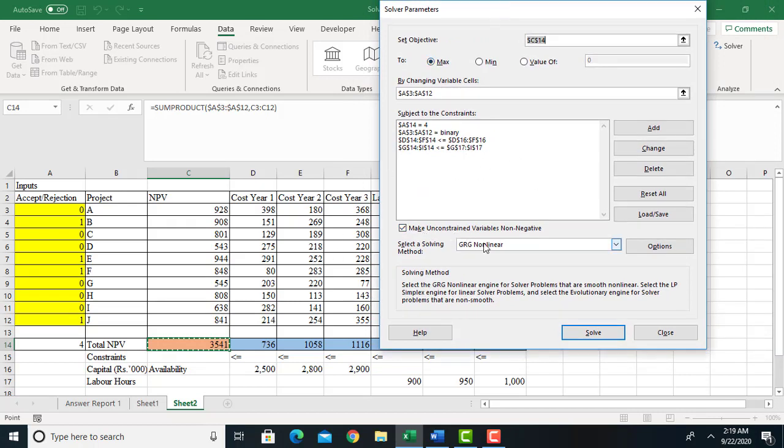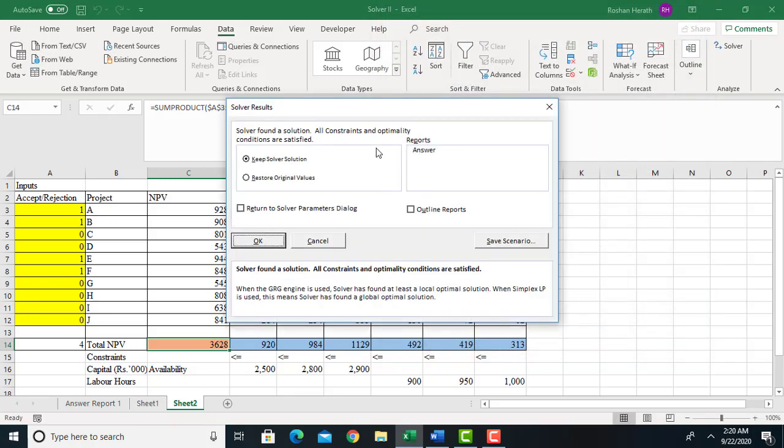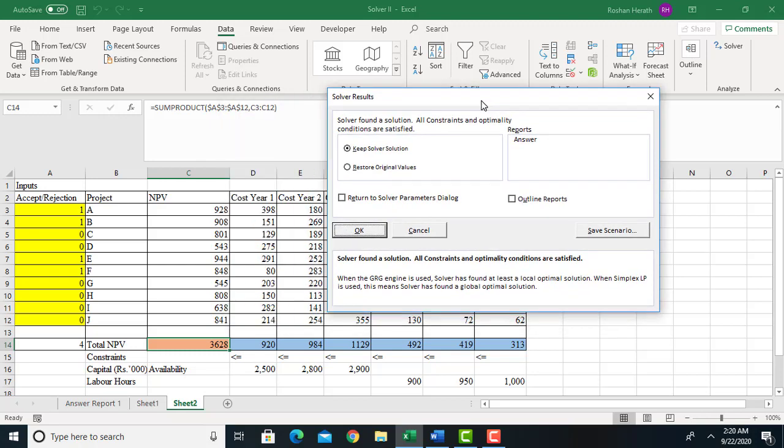And you also need to make sure that the changing variables are not negative, so you keep that. Most importantly, you assume a simple linear relationship. If everything is fine, you can solve this.